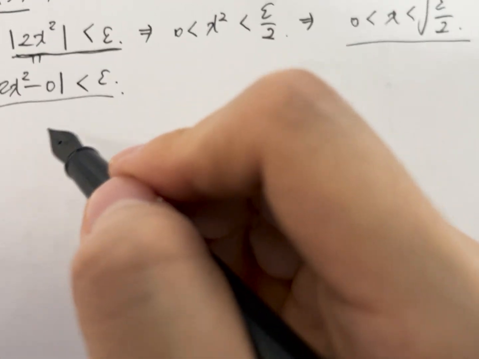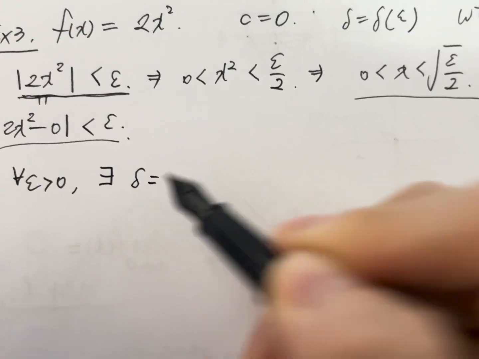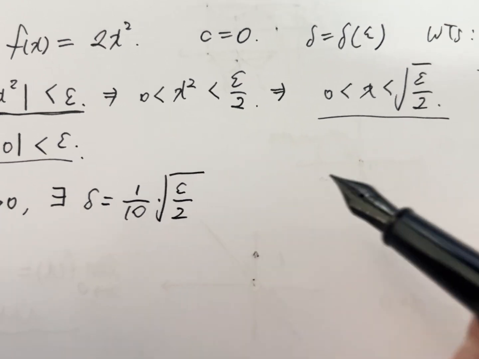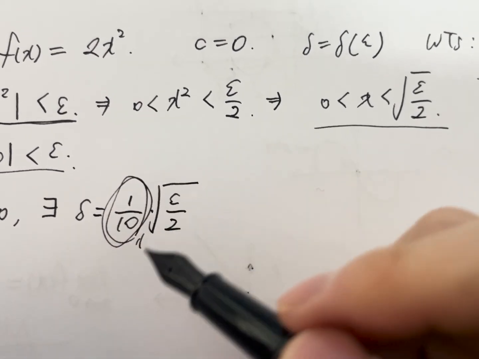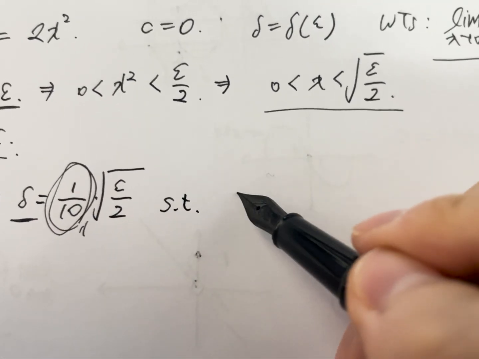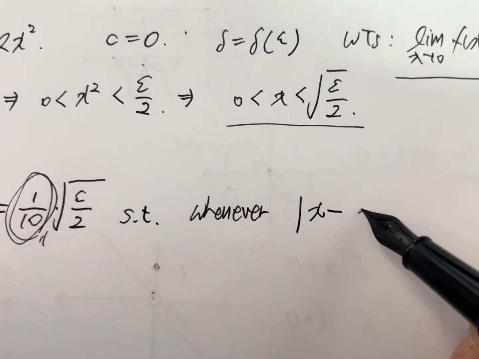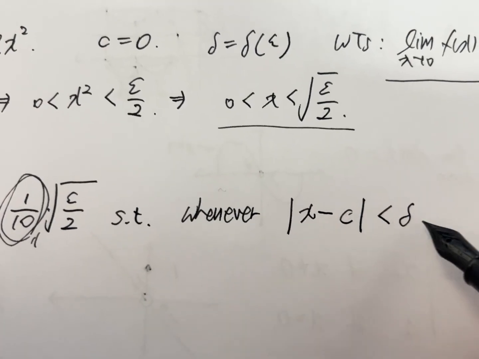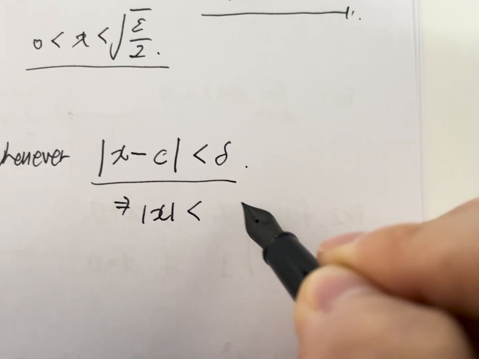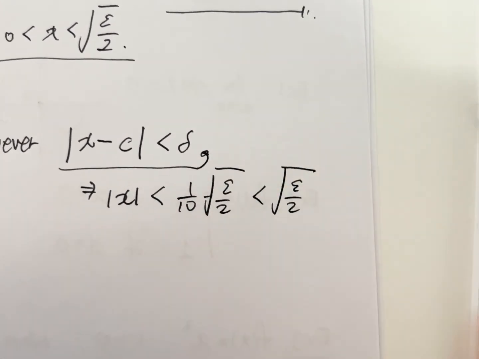Then we can say that for every positive epsilon, there exists a delta, which I will choose as this, an arbitrary constant to make delta small enough, such that whenever |x minus c| is smaller than delta, this is equivalent to this one.